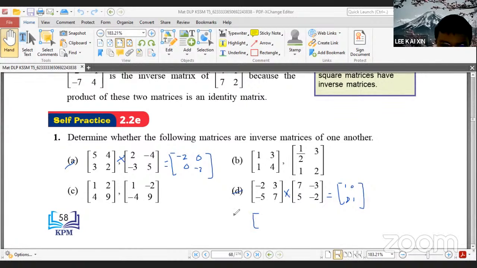So you can see, if a matrix, we just put A, B, C, D in it.